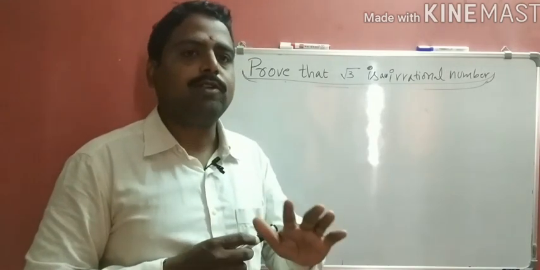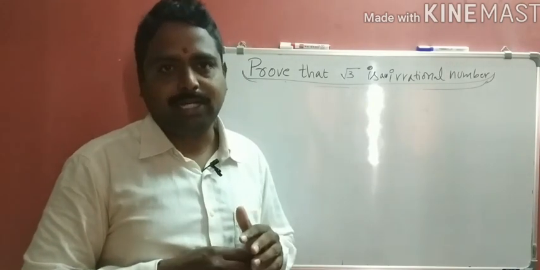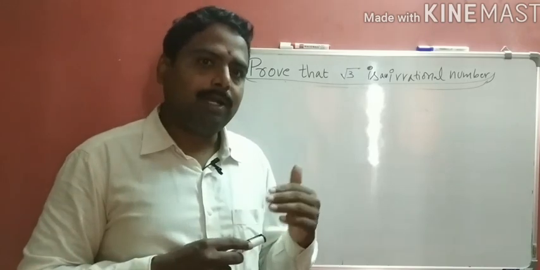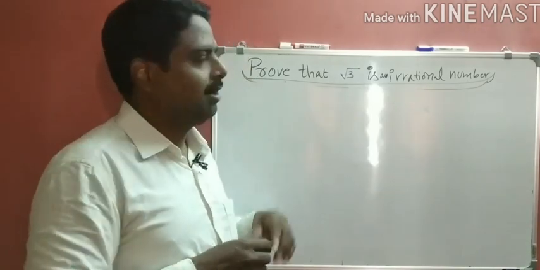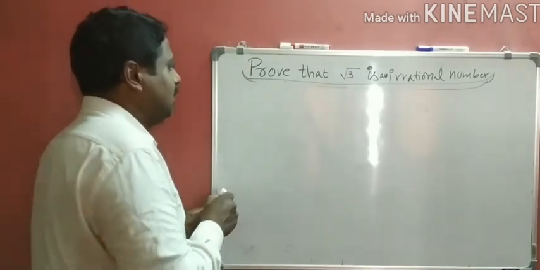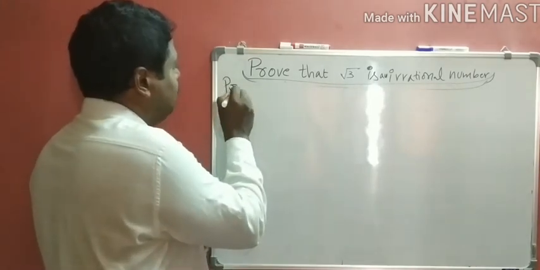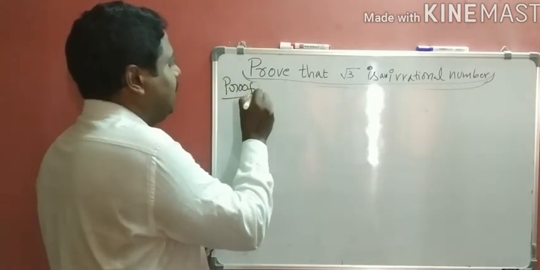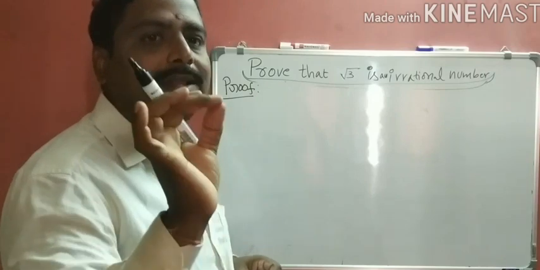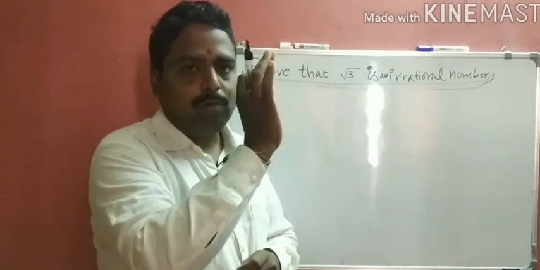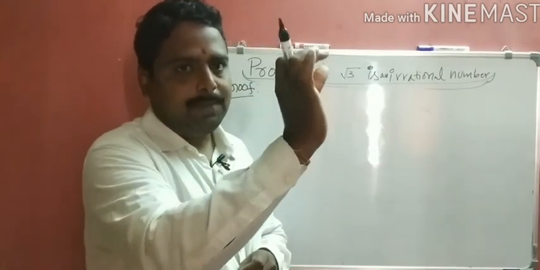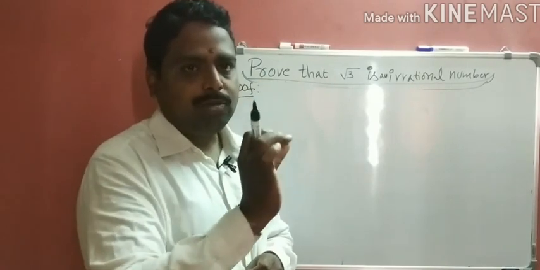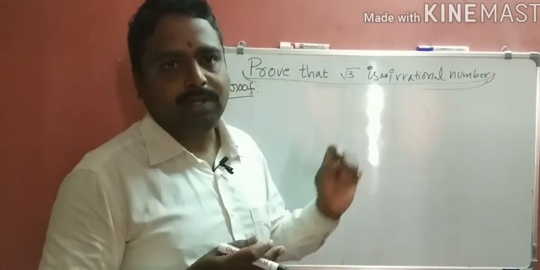The same steps we have to take to prove root 3 is an irrational number. Let you recall the first step for root 2 is an irrational number proof. The same steps are repeating. Instead of 2, simply we write 3. In the proof of root 2 is an irrational number, in the place of 2, replace and put 3. We get the solution for this.